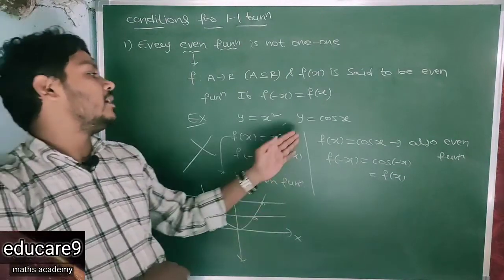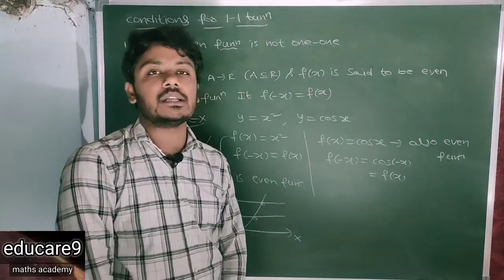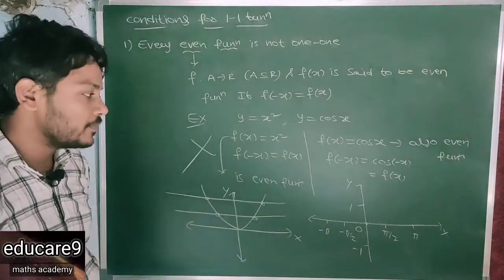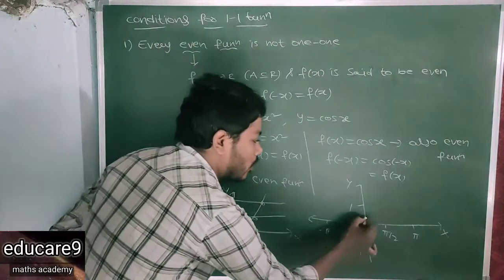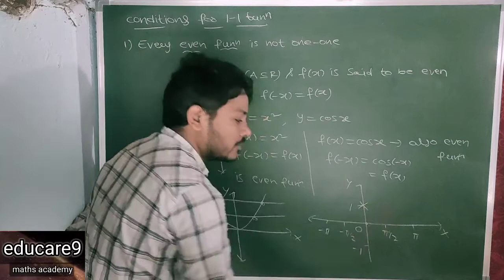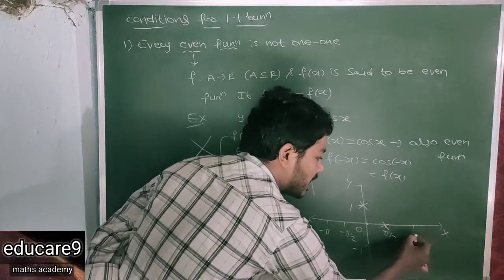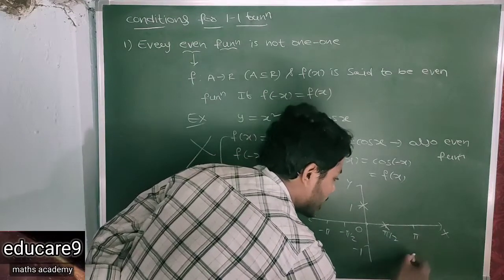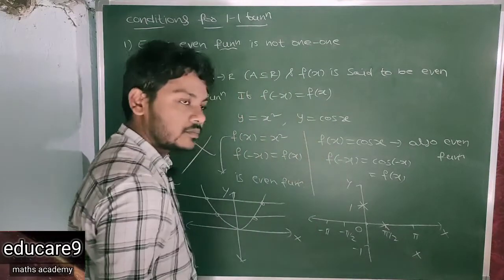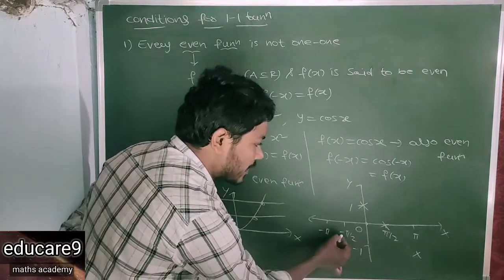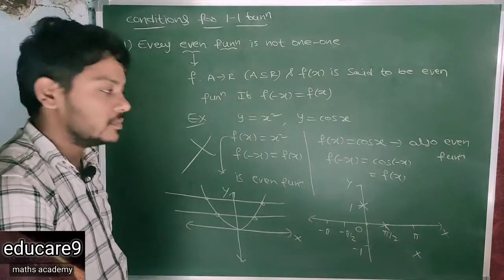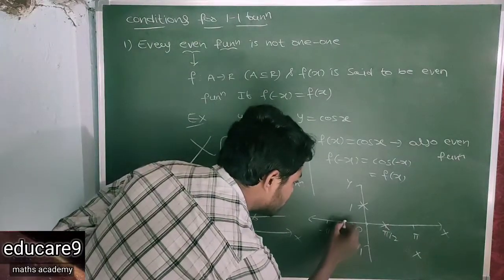And draw the graph of y is equal to cos x. Cos 0 value is 1. Cos 90 value is 0. And cos pi value is how much? Minus 1. And cos of minus pi by 2, that is 0.